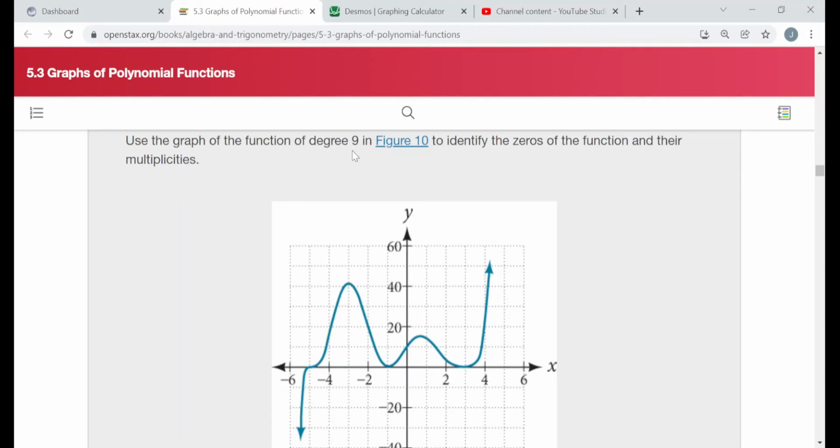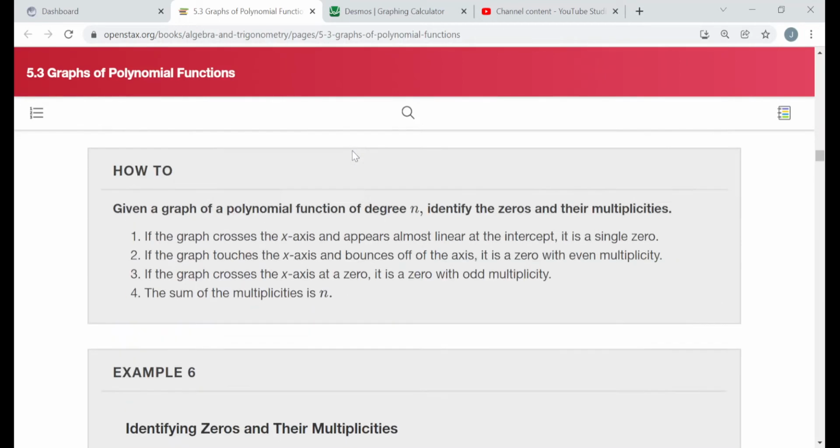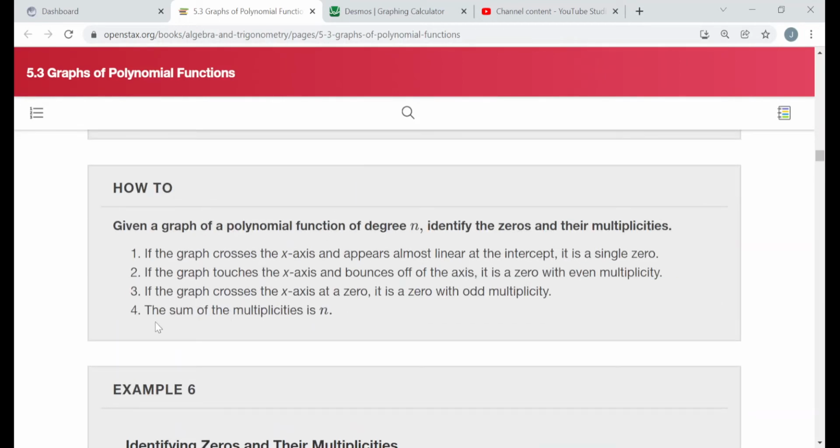All right, so I guess one other thing I should have pointed out is that the sum of all the multiplicities, just to point out up here, if it's a polynomial function of degree n, the sum of the multiplicities should be the degree.